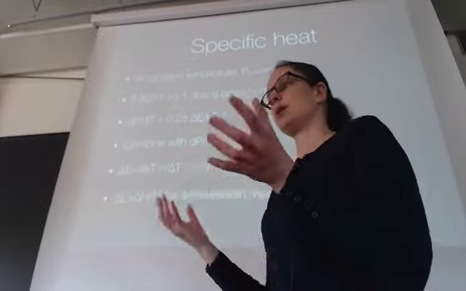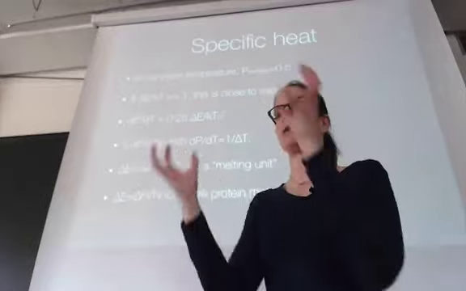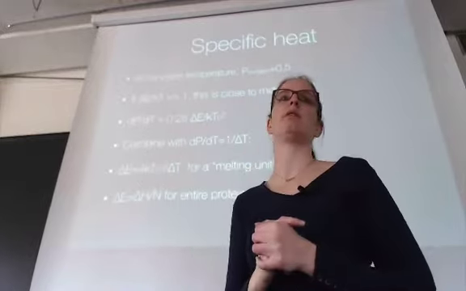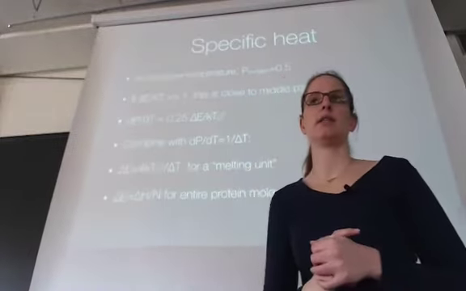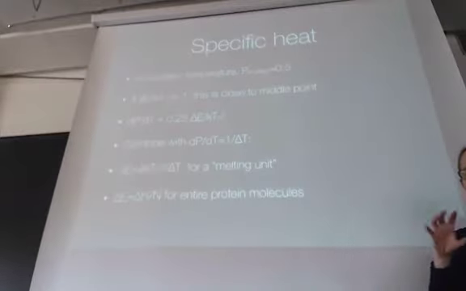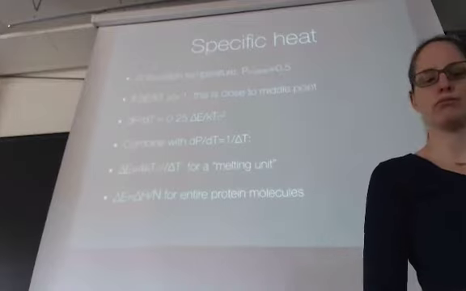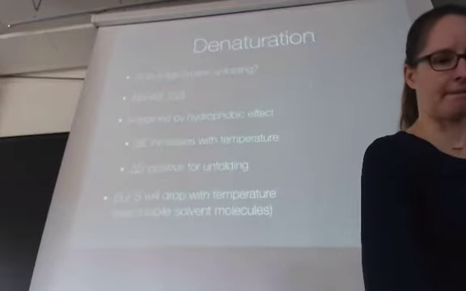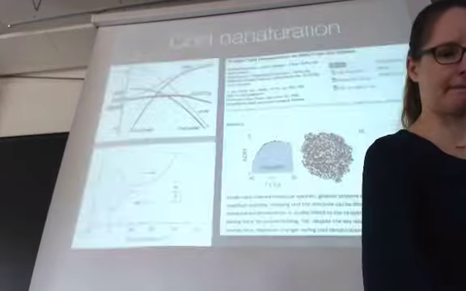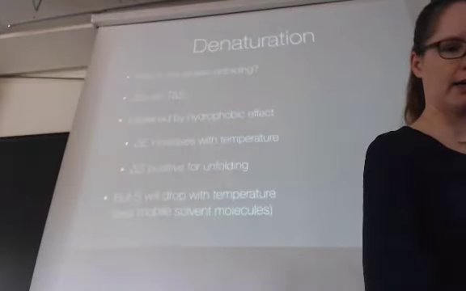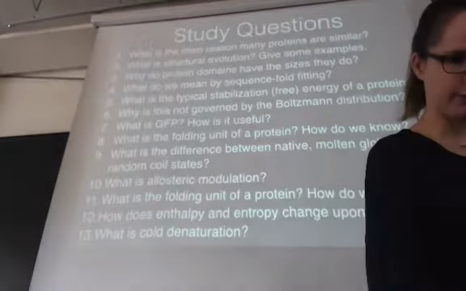And anything that is bigger than this folds as separate melting units. And this is related to what we were saying about the fact that these proteins are really organized in separate domains, yes? Yeah, good.